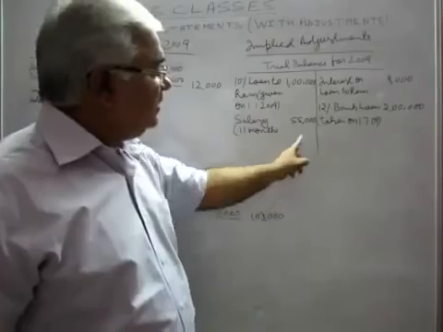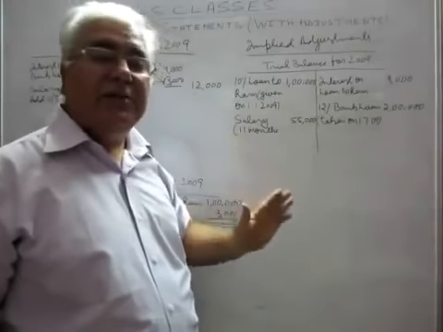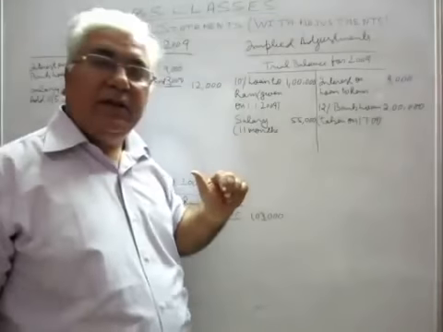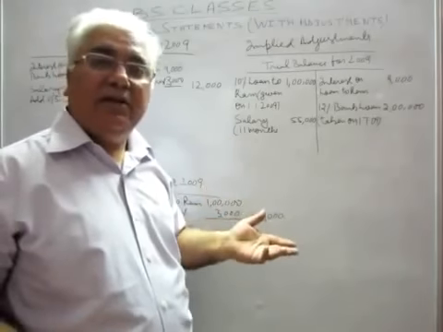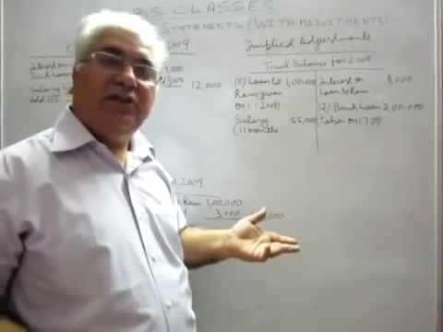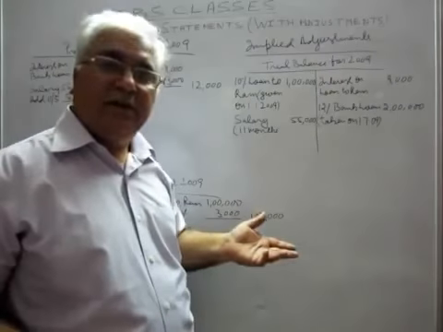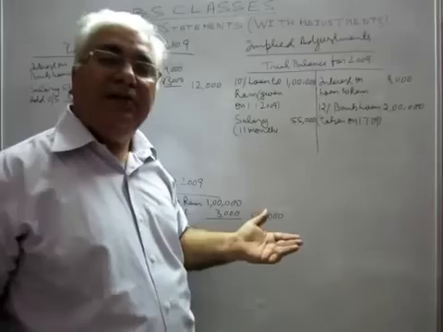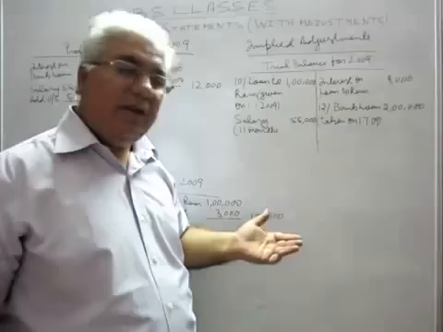If we look here, there is no trace of that. That means we have not made payment for this 12,000. Now we must create a liability. So what shall be the entry for this? Interest account debit to interest payable.